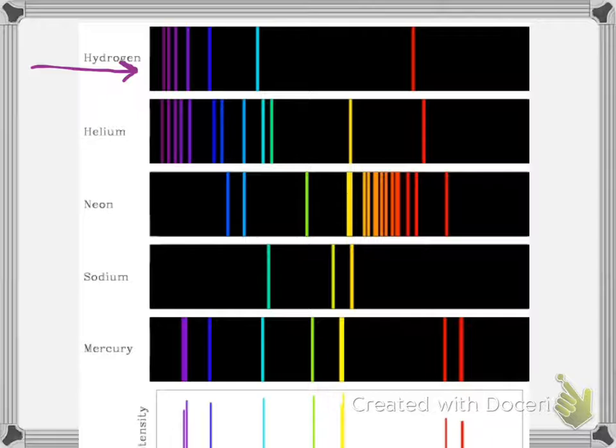Notice those lines are different than the lines you get for helium, different from the lines you get for neon or sodium or mercury. Okay, so each element has its own unique atomic emission spectrum, right? This is an atomic emission spectrum.